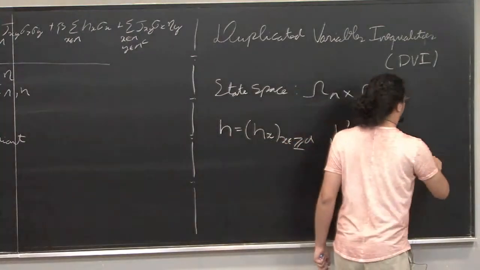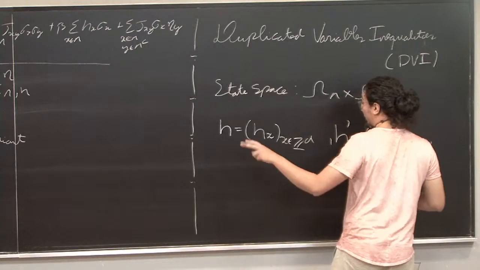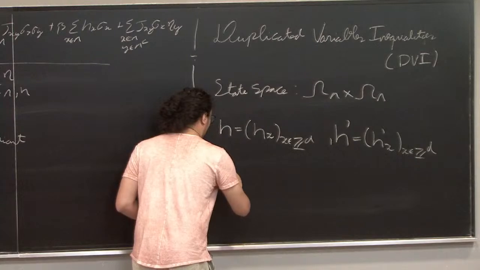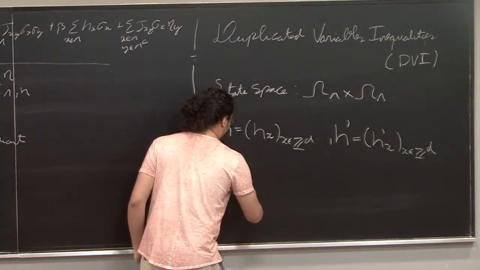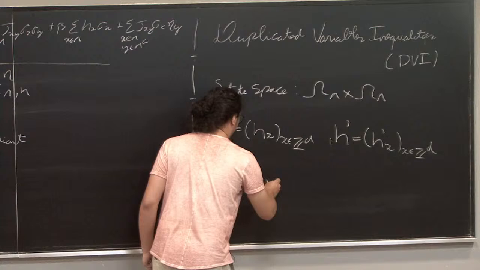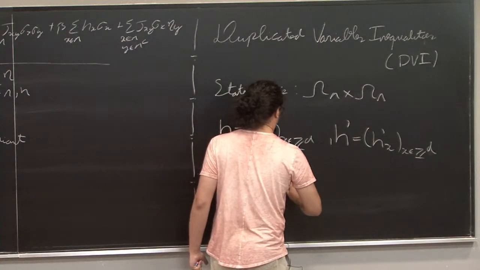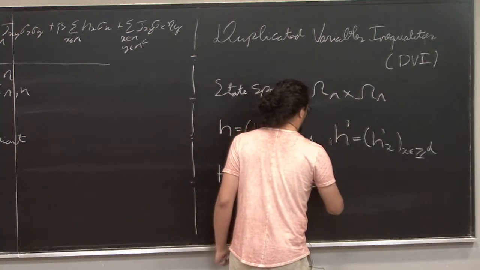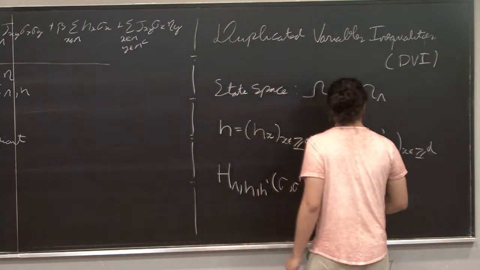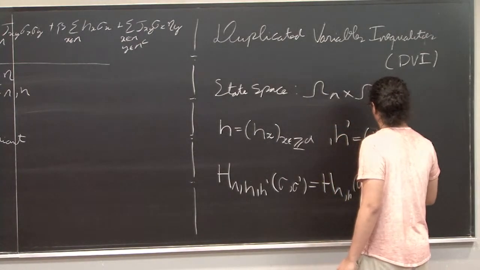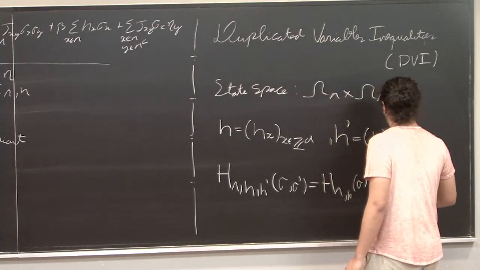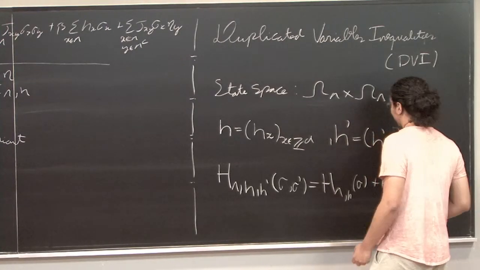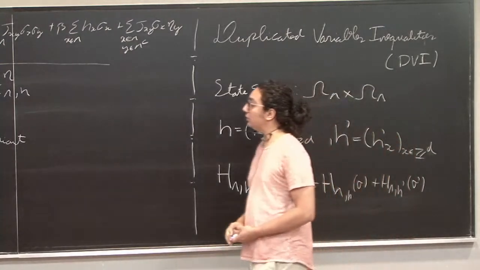As I said, the interaction is always going to be the family J. So the Hamiltonian of this duplicated system, with H and H prime, and two configurations sigma and sigma prime, is just the sum of the Hamiltonians: H of sigma on Lambda and H prime of sigma prime. Very simple.